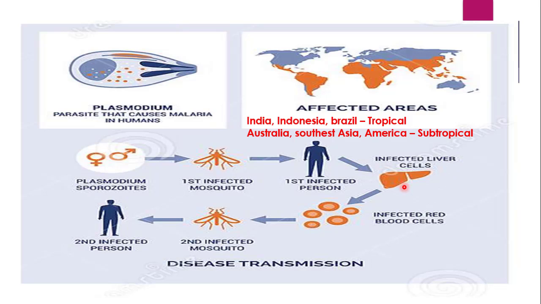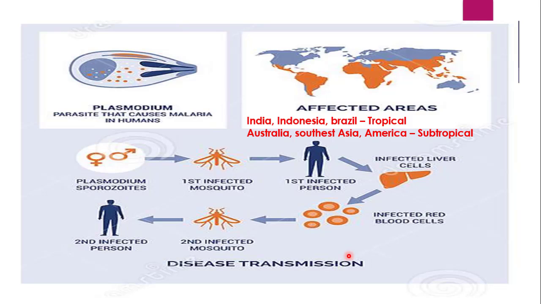There are 2 forms majorly, the exoerythrocytic form and the erythrocytic form. Exo means outside the erythros, that is RBCs, so it is the liver, and then infected red blood cells. These are the RBCs. There are forms from the merozoite to the trophozoite, and then this RBC stage is the erythrocytic form.